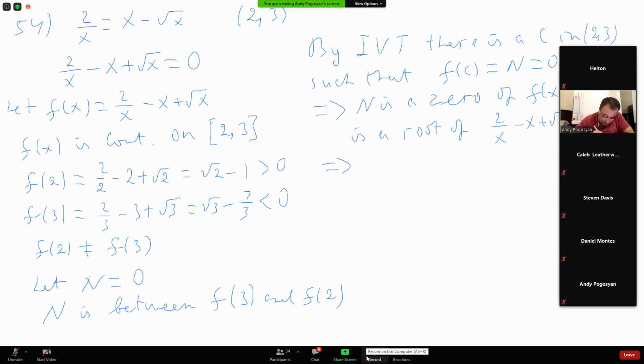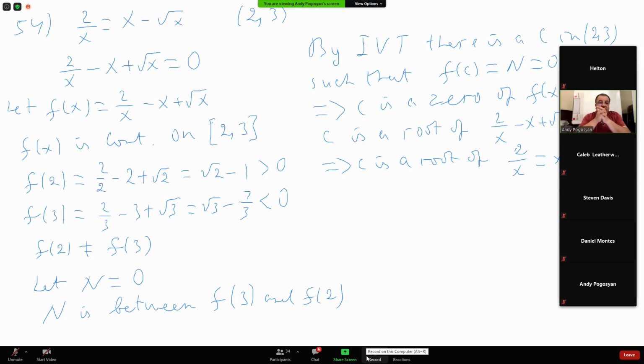Here also, c is a 0 of f of x. c is the root of this one, which implies c is a root of 2 over x equals x minus square root x.